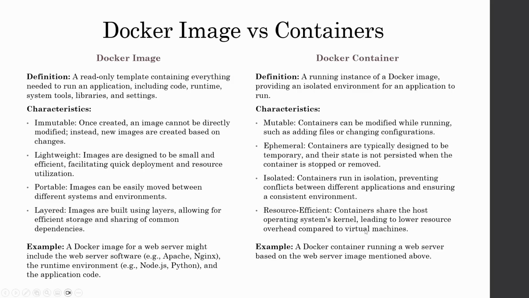It is using the resources efficiently. Okay, so like for example, we created an image of a web server. When we run that image, that will be a container. Okay, so I hope you understood the difference between Docker image and Docker container.